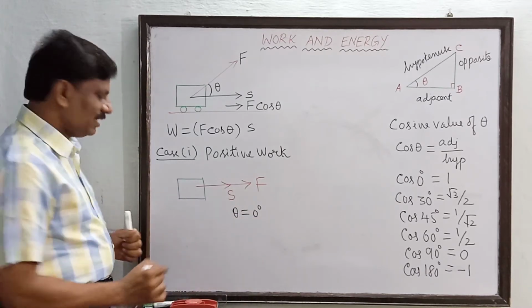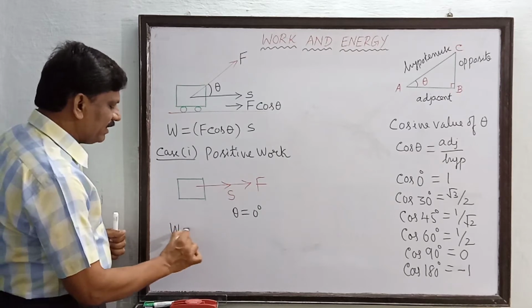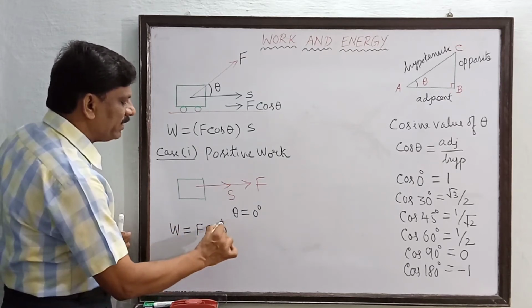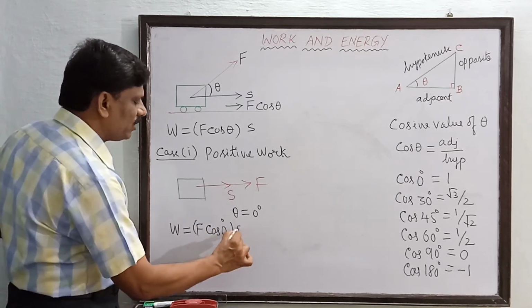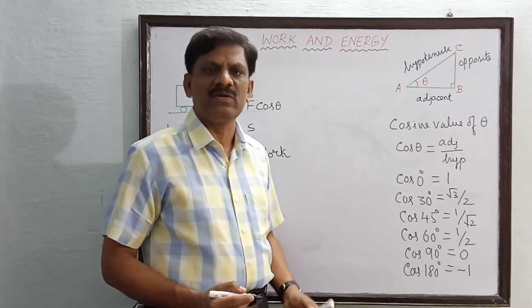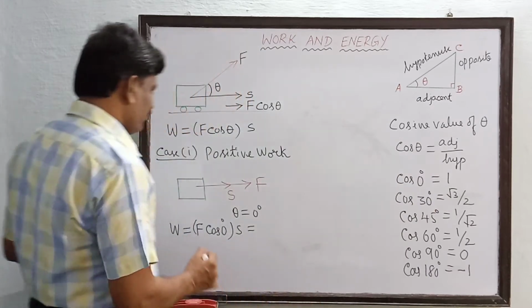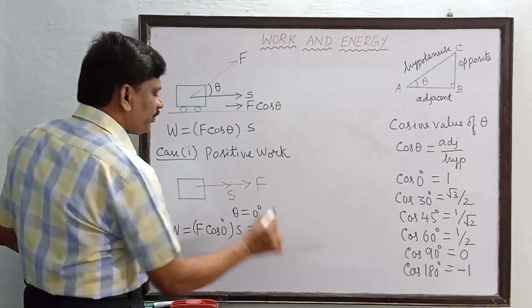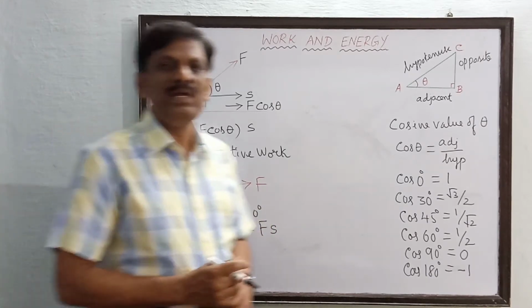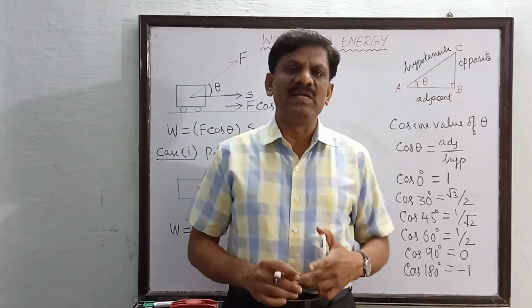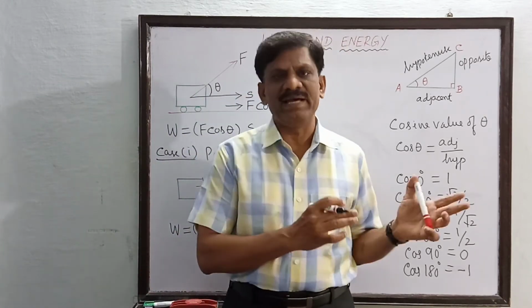Is it not? Therefore work done is equal to F into cos of 0 degree, cos 0 into S. So cos of 0 degree is equal to 1, is it not? Therefore this is equal to F into S. So the work done is said to be positive when the force and displacement are acting along the same direction.